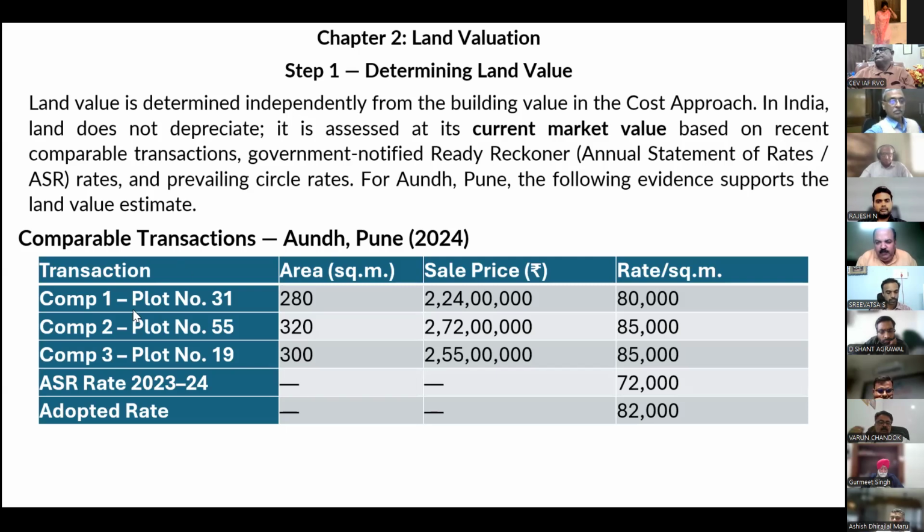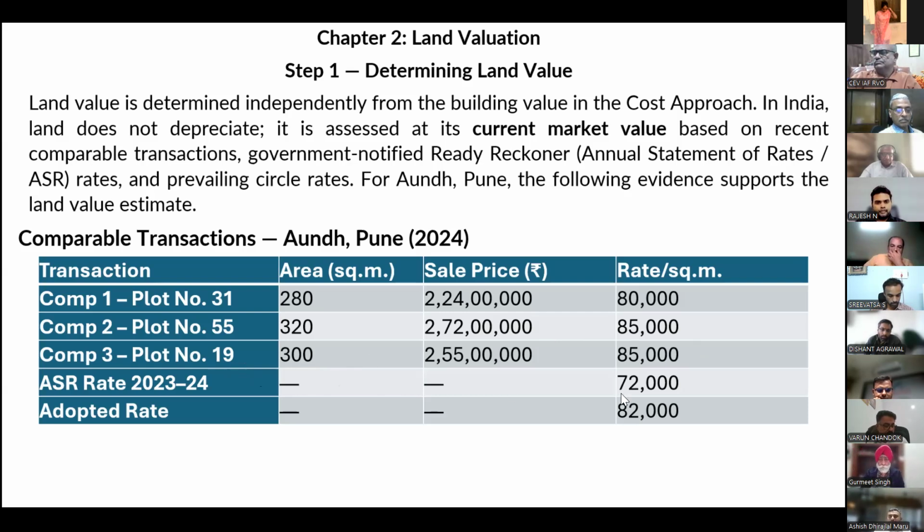For that we have taken three comparables. Transaction 1, comparable 1, plot number 31. Area is 280 square meter. It was sold for 2 crore 24 lakh, and rate per square meter is 80,000. Comparable 2, plot number 55, area 320 square meter, sold for 2 crore 72 lakh, and the rate comes out to be 85,000 per square meter.